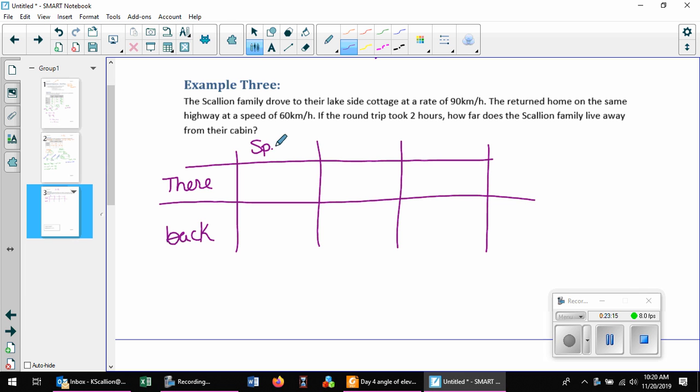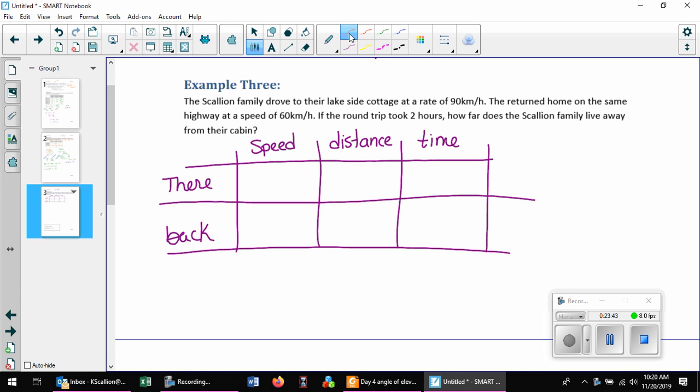I'm going to do speed, distance, time. Okay, there's my fancy table. So there means I'm heading to the cottage, and back means I'm heading home. Okay, this is the one that makes sense.